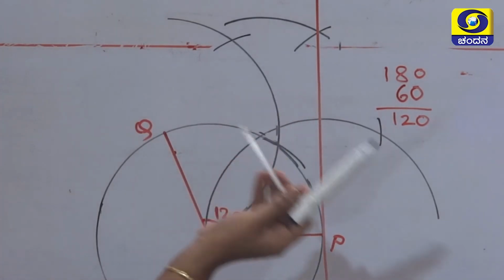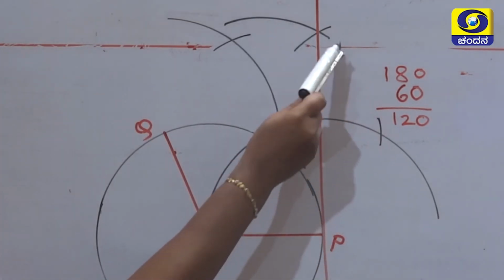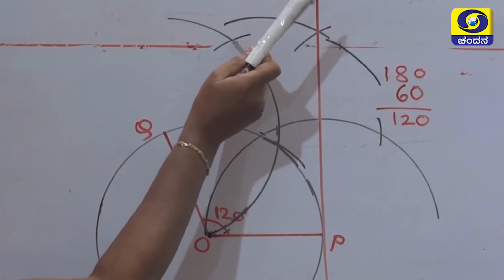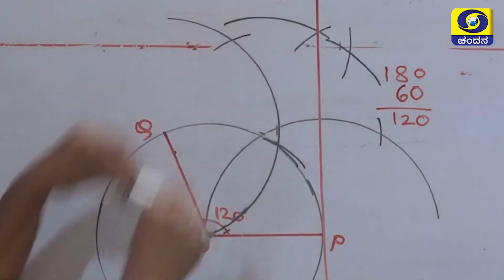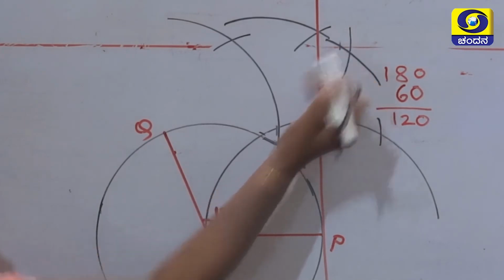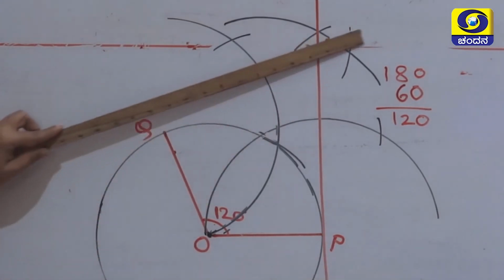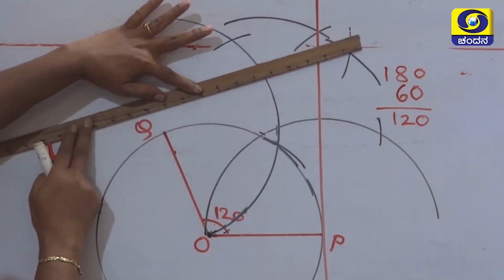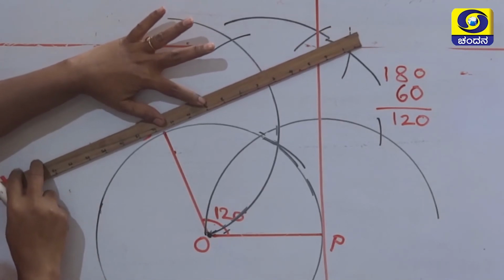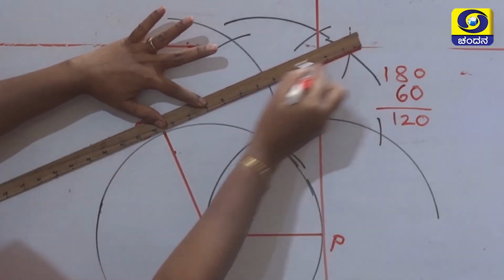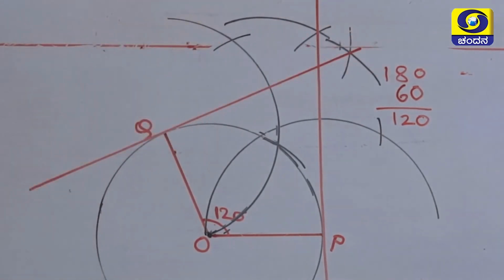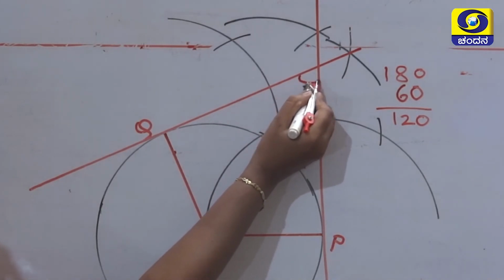Now, by keeping our needle at these two arcs, let us make two more arcs, and these two arcs meet at this point. Now, join the point of intersection of those two arcs with the point Q. That will give our tangent.